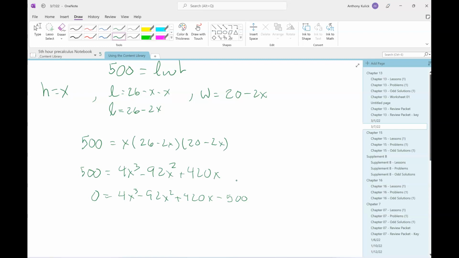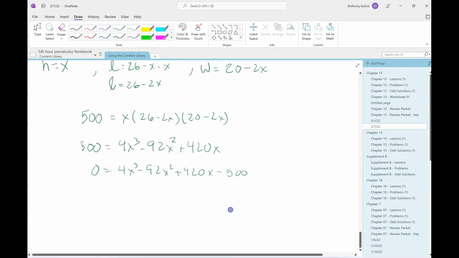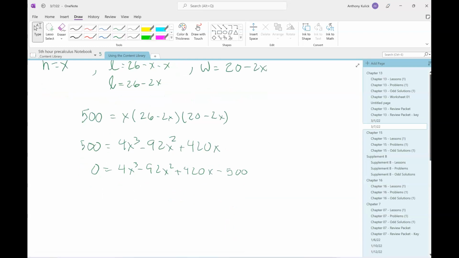And you know how I would solve this now? Well, I can see there's a greatest common factor of probably 4. I'd have to check on the 92, but I'm sure on the other ones.